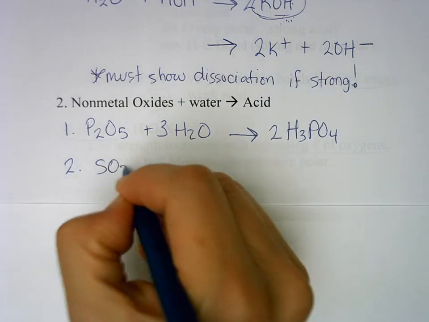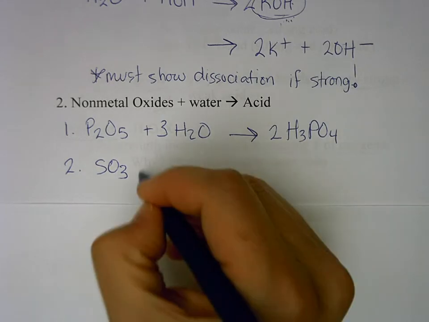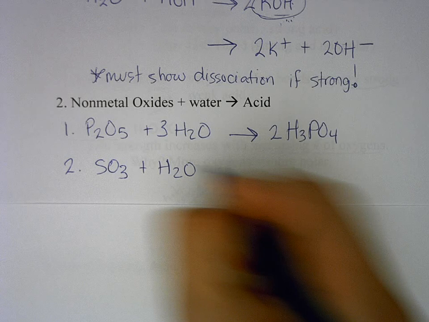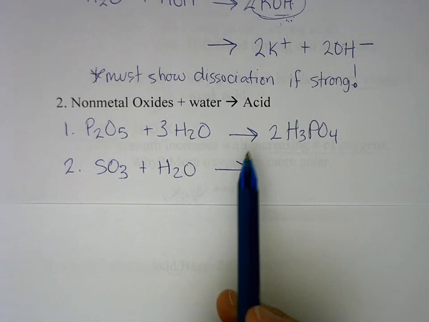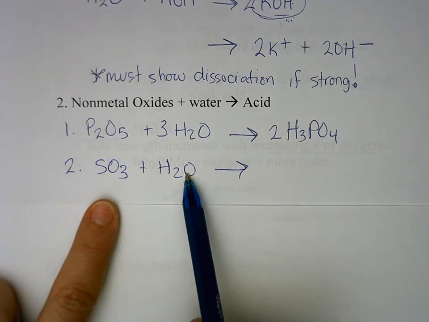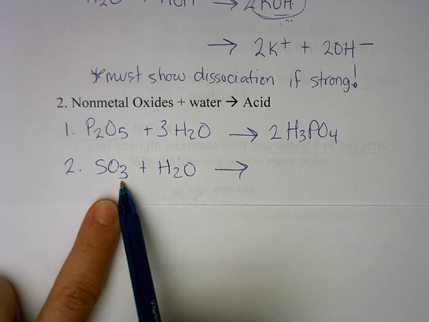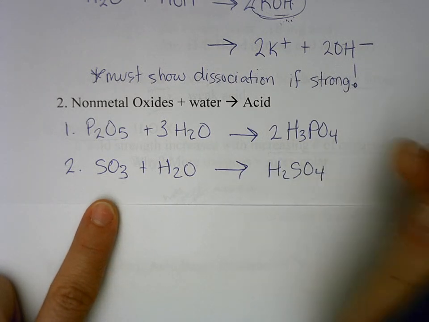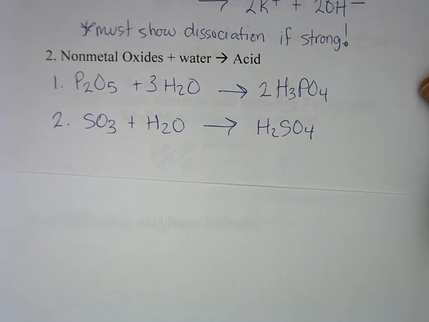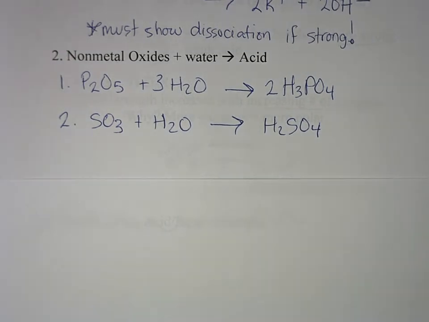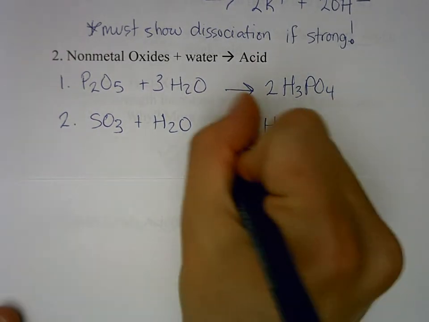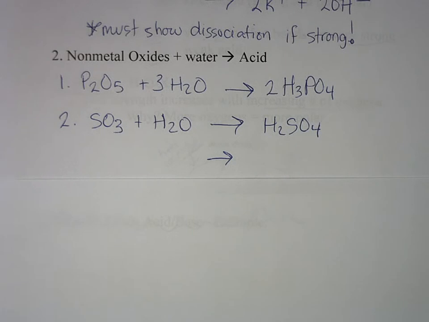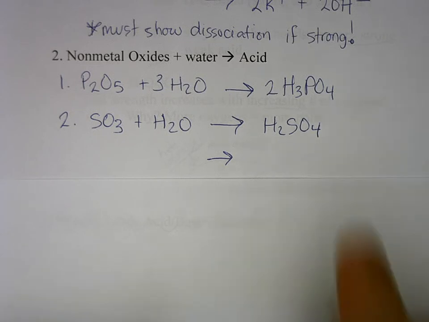So for this example, SO3 plus H2O. Now in this one, this oxygen is going to come over here and make it SO4. So you're going to end up with H2SO4, sulfuric acid, which is strong. So you cannot just write sulfuric acid as your product because it's a strong acid, and so it's going to dissociate. Not only is it a strong acid, but it is a polyprotic acid.